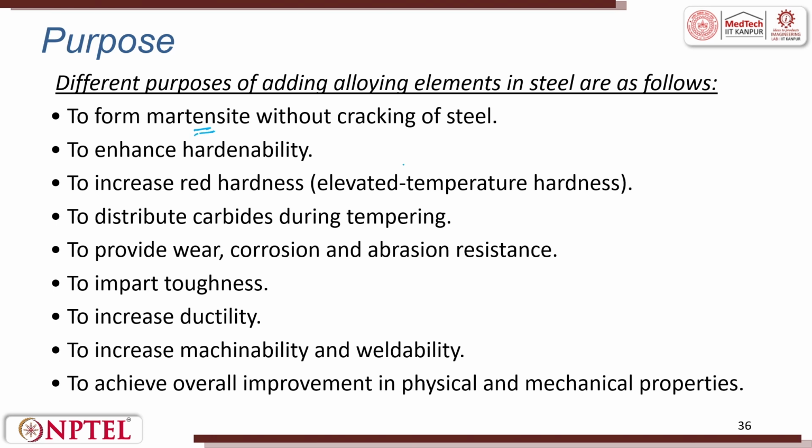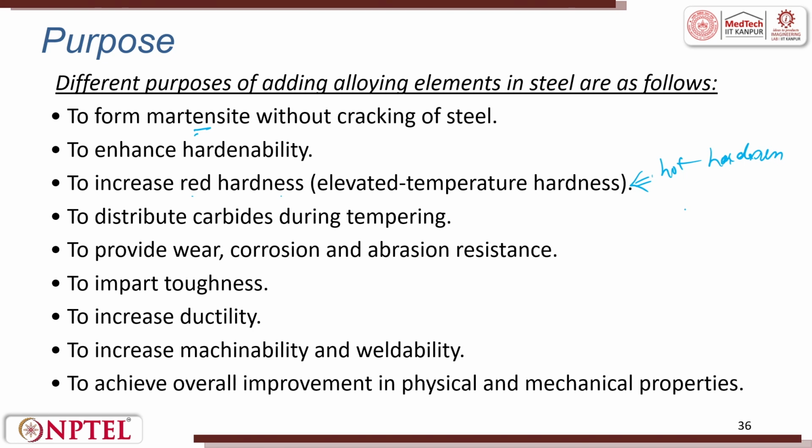There are different purposes for adding alloying elements in steel: to form martensite without cracking of steel, which, as I told you, martensite and austenite I will explain in the next lecture; to enhance hardenability; to enhance red hardness or hot hardness. For example, when a cutting tool is cutting a workpiece, the temperature goes very high, and the hardness of the tool should not be sacrificed.